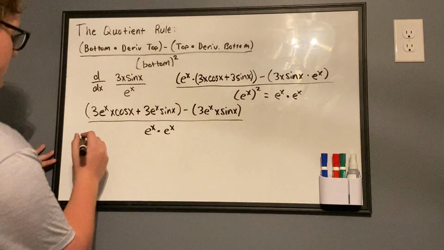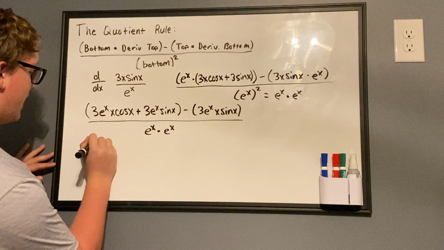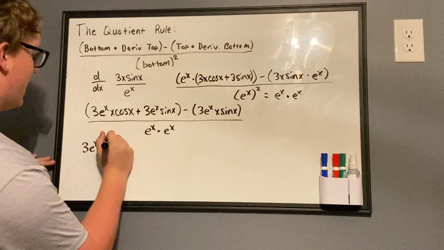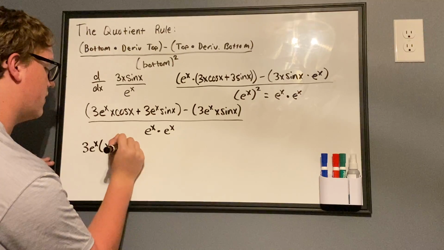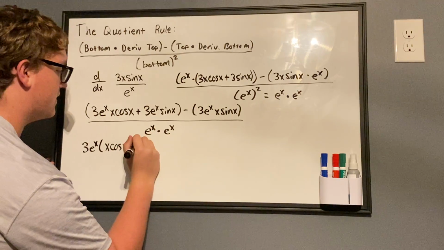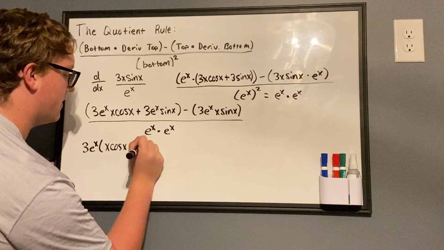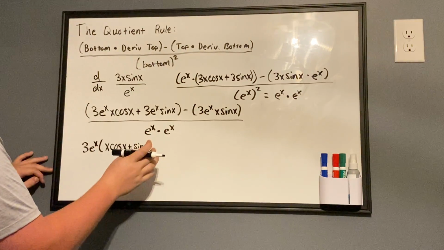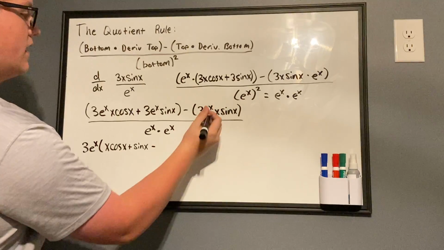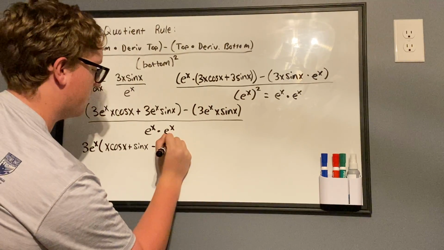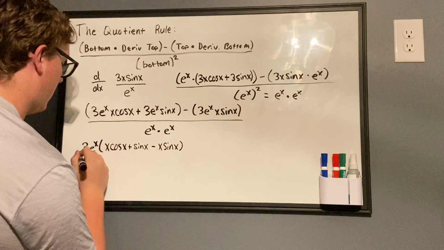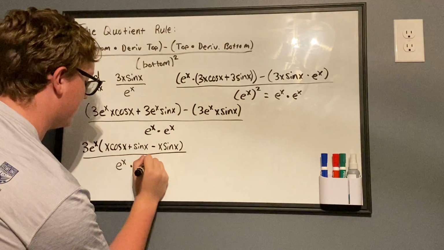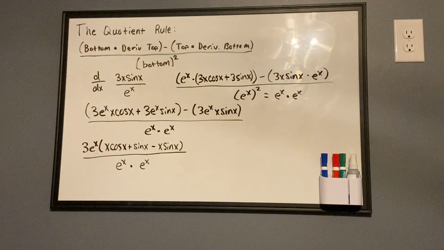So we're going to do 3e to the x on the outside. Then we have what's left on the inside. So we have x cosine x plus sine of x, right? And then we have minus x sine of x, all over e to the x times e to the x.